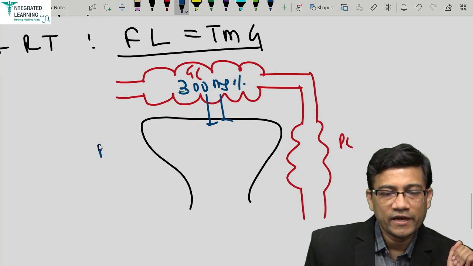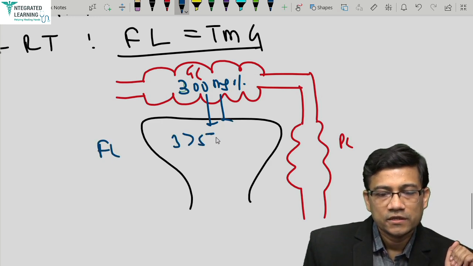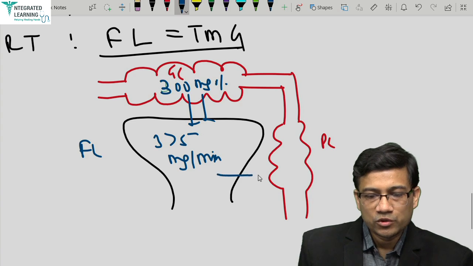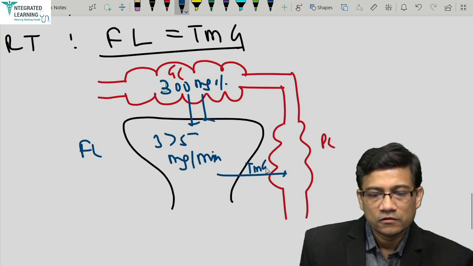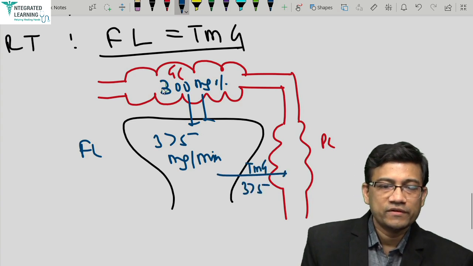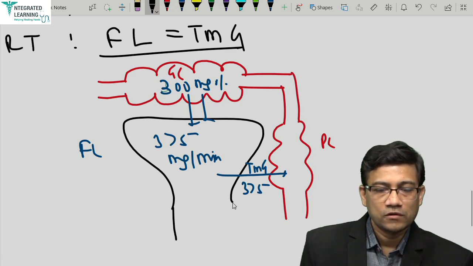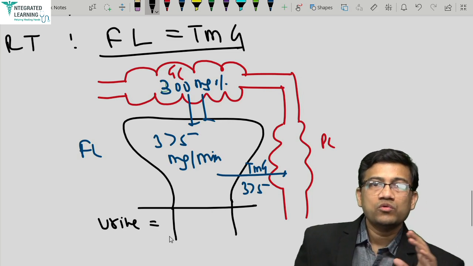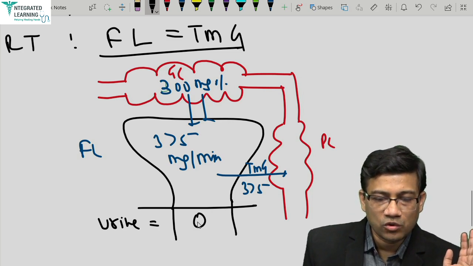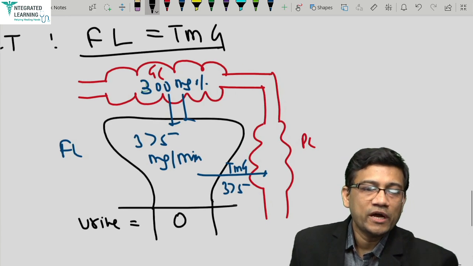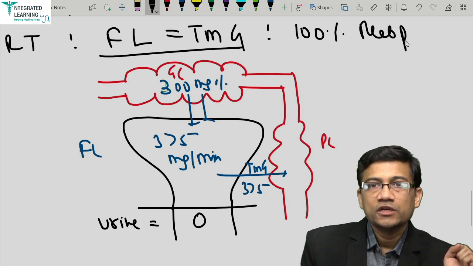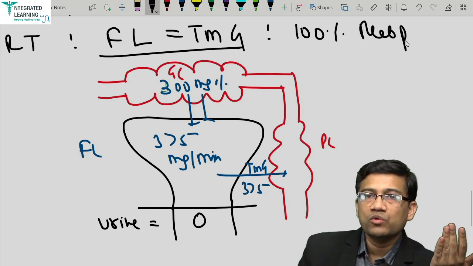So how much is filtered? FL is 375 milligram per minute. How much you can reabsorb is TMG, let's say 375. So how much is lost in urine? Out of 375, all is reabsorbed. Zero glucose in urine, so 100% reabsorbed theoretically. At this value you are absorbing all the glucose that is filtered.